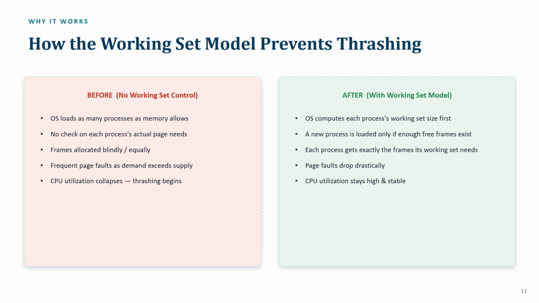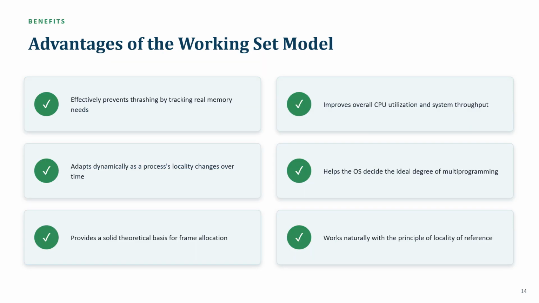Before, frames were allocated blindly, but now in the working set model each process gets exactly the frames its working set needs. Before, page faults occurred rapidly, but in the working set model page faults drop drastically, CPU utilization is much higher, and CPU freezing does not take place.